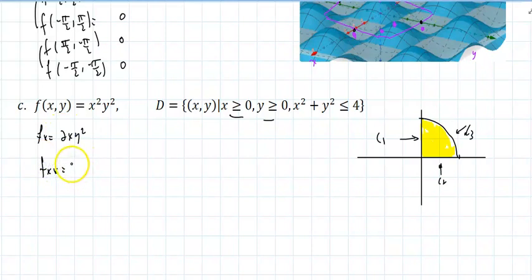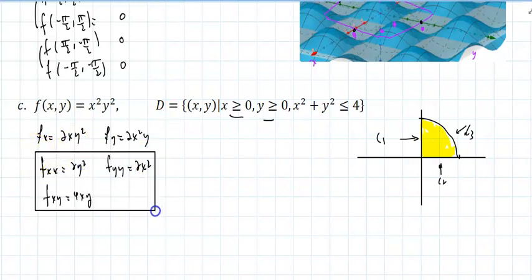F sub xx is 2y squared. F sub xy is 4xy. F sub y is 2x squared y, and f sub yy is 2x squared. Got it. I need those for my D if there is a need. But here I'm looking for absolute, so it doesn't matter. What are the critical values? In this case, I was seeing if there's something inside. If it's a saddle, I don't have to worry about it.